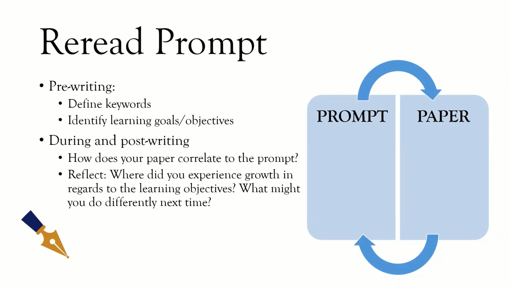And with that in mind, and having those areas identified, what might you do differently next time? How are you going to approach a similar task, a similar learning objective, a similar keyword in the future? What will you want to be able to remind yourself? It may be that just looking at those definitions of the keywords is going to help you think more clearly about what you are trying to communicate through your writing.